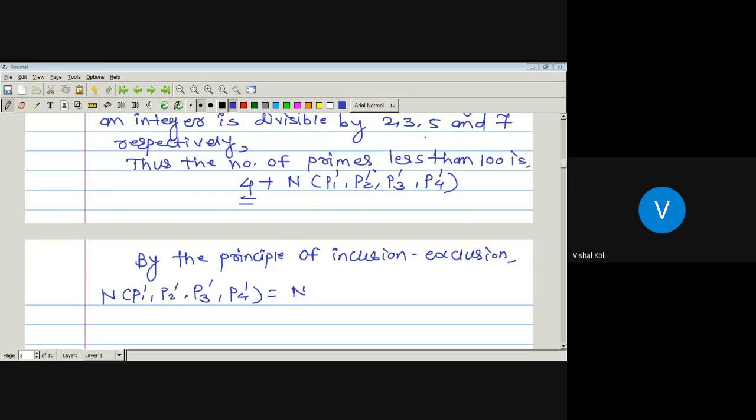N minus summation 1 less equal to i less equal to n of Pi.